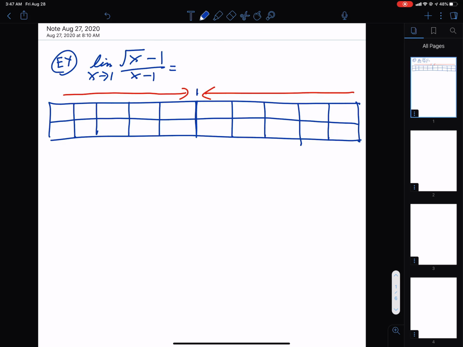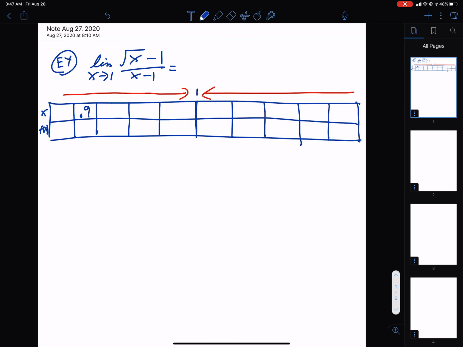Now, it's important that you understand the numbers I plug in and why I choose them. So I'm going to start at 0.9 because 0.9 is kind of close to 1. So these will be the x values, and this will be the function f of x, which is our fraction there.